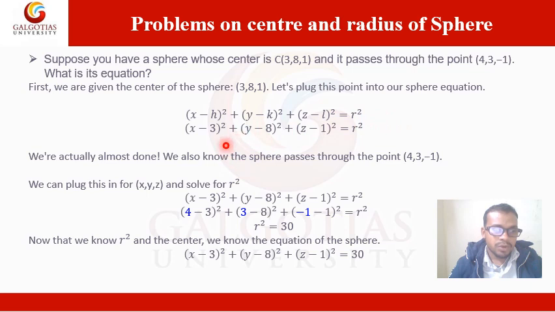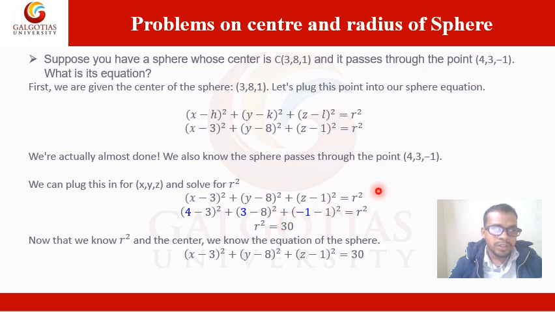So you can put all the coordinates of the center that is given to you as (3, 8, 1), and by using the distance formula or your standard equation, you get the equation of your sphere as (x minus 3) whole square plus (y minus 8) whole square plus (z minus 1) whole square is equal to r square.